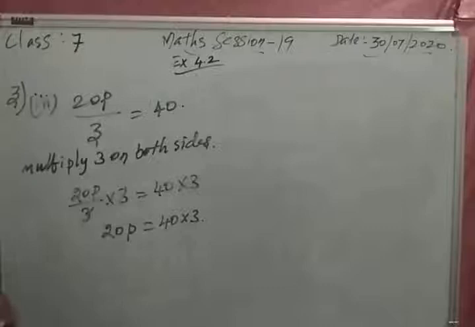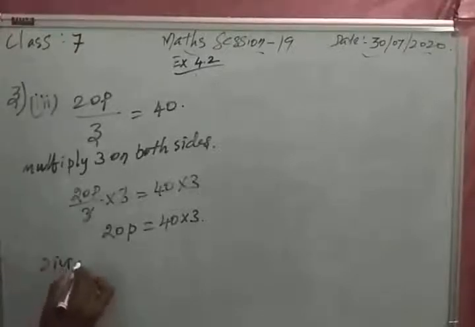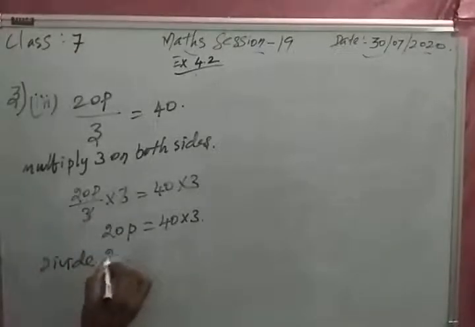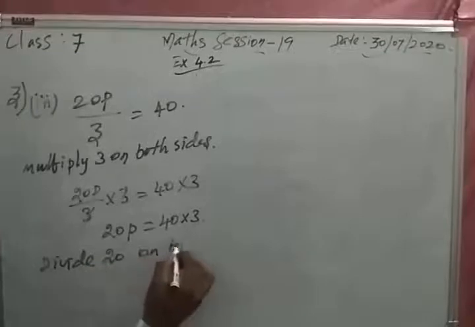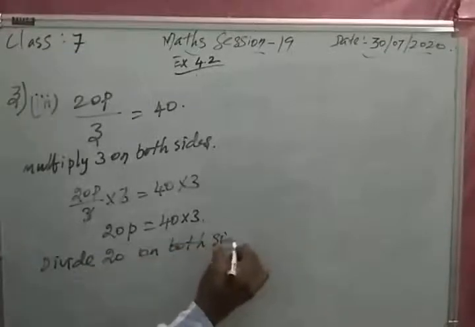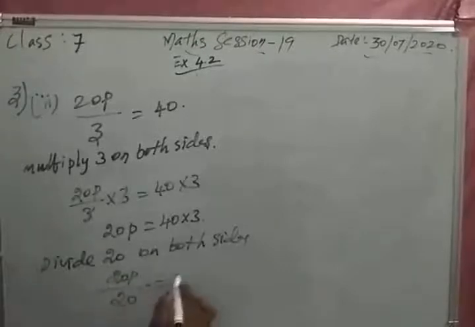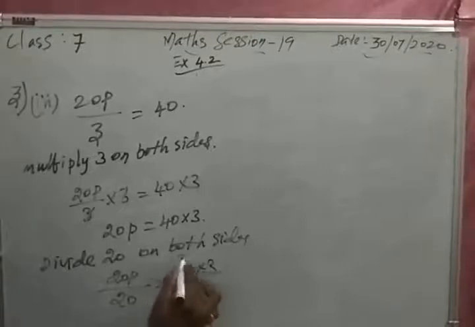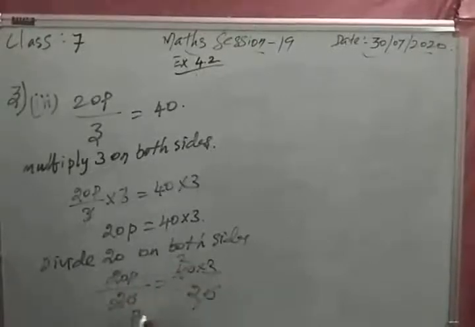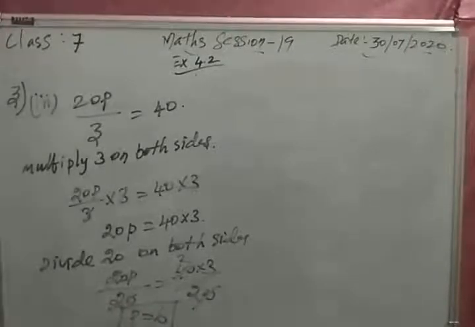Now next, divide 20 on both sides. So 20p divided by 20 is equal to 40 into 3 divided by 20, so p is equal to 6.